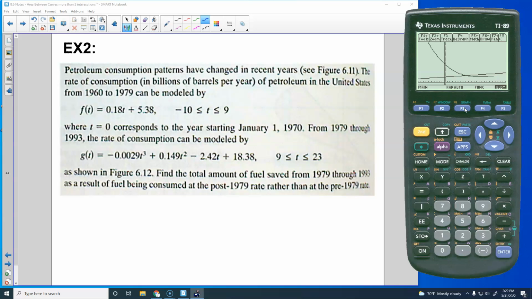All right, now we're talking. I made my X go from -10 to 23, and then I did like -2 to 40 on my Y-axis. Oh, look at that.